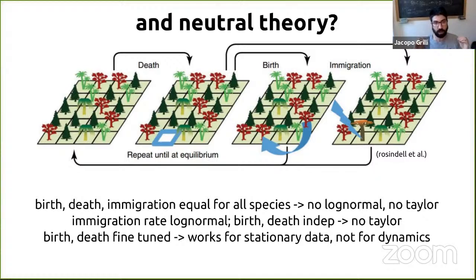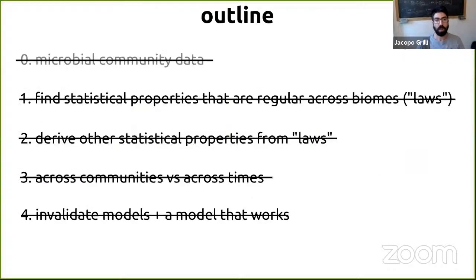That model can also be falsified because it doesn't reproduce the correct exponent for Taylor's law. You can reproduce the stationary properties by fine-tuning the birth and death rates, but it doesn't work for dynamics. In the paper I just cited and other papers, they do that analysis and show that demographic stochasticity is not consistent with the data.